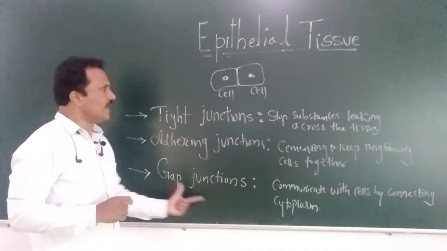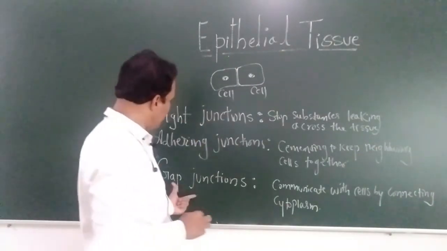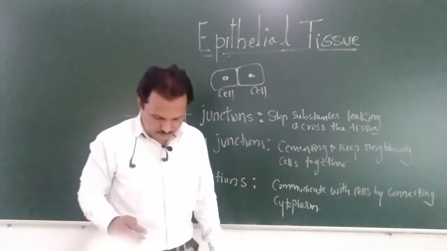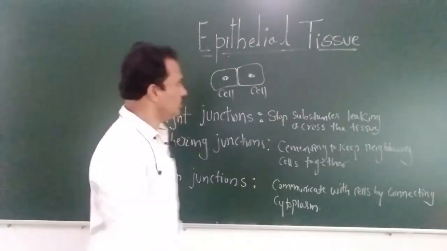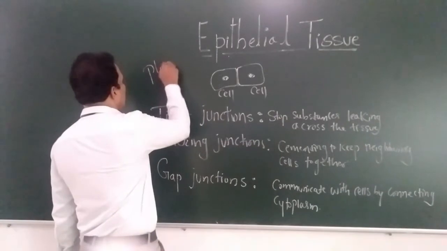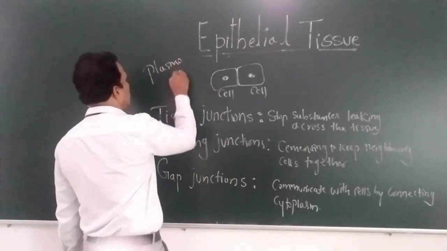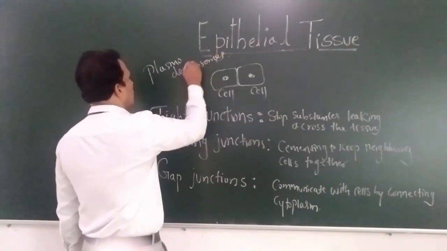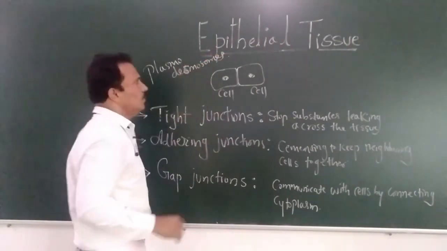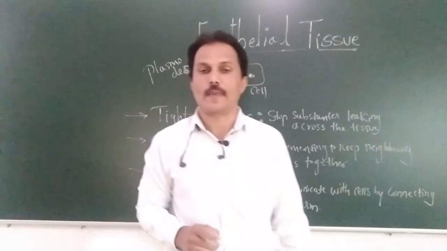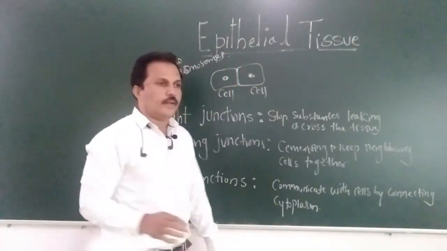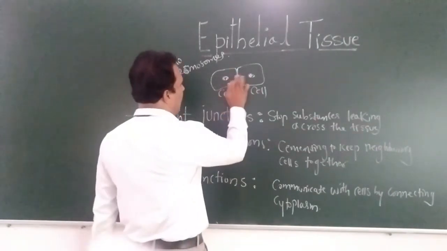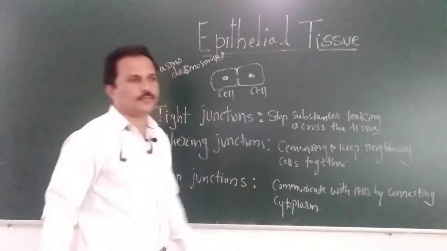Number three is the gap junction. What is this gap junction? There is one term you might have heard about, plasmodesmosomes. What is this term used for? In some kinds of cells, there is a gap between two cells.